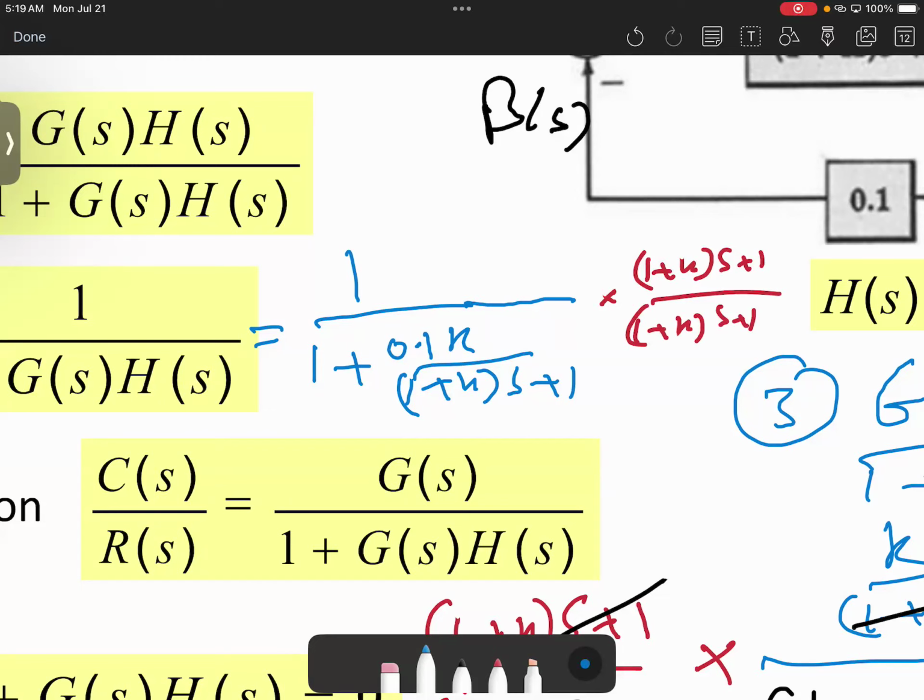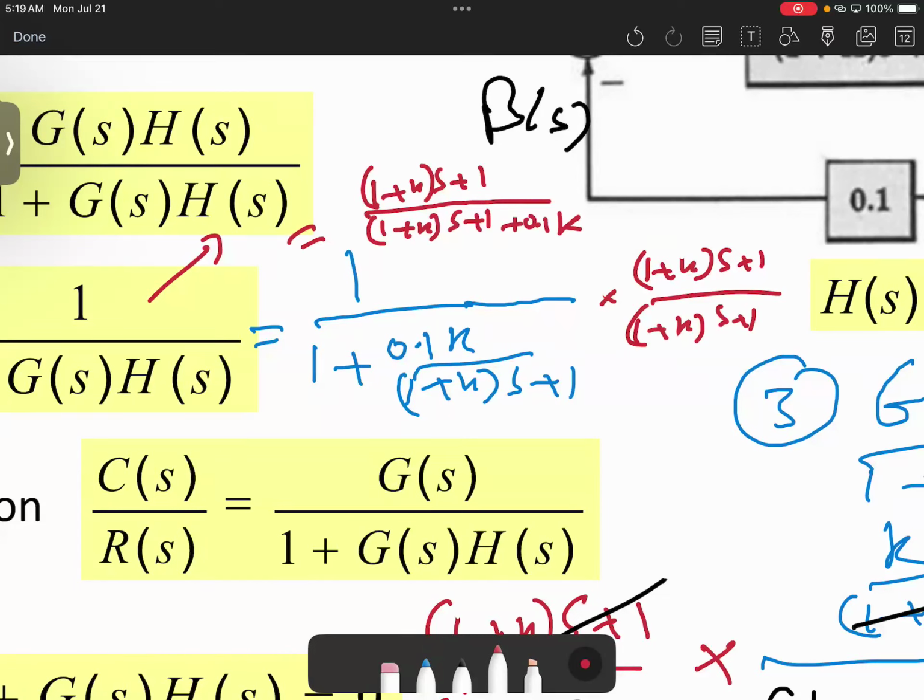So this yields this, I will write it here: 1 plus K times S plus 1, divided by 1 plus K times S plus 1 plus 0.1K. Okay? This is E of S over V of S.